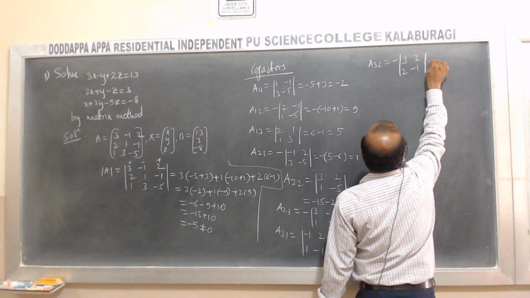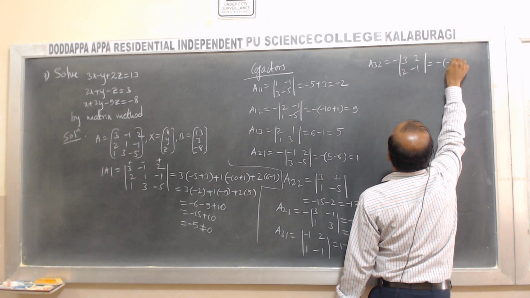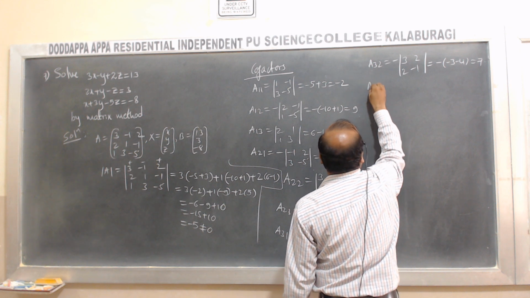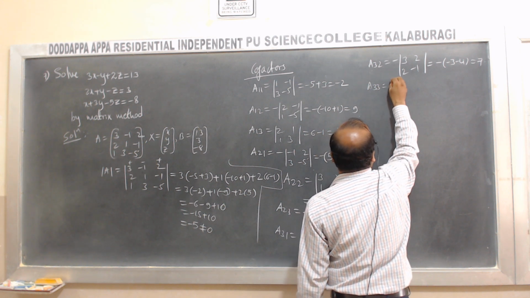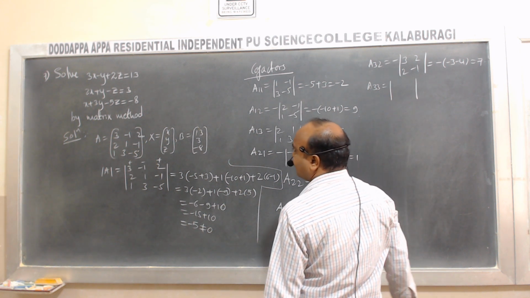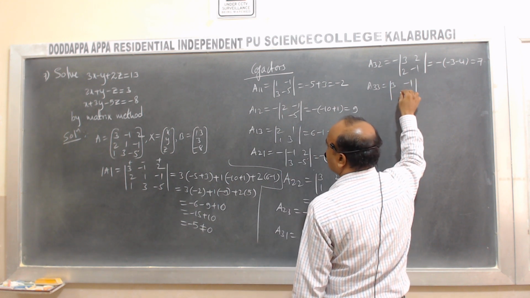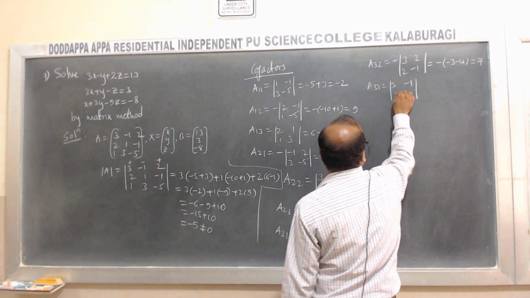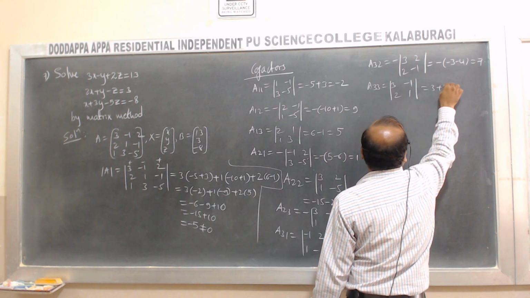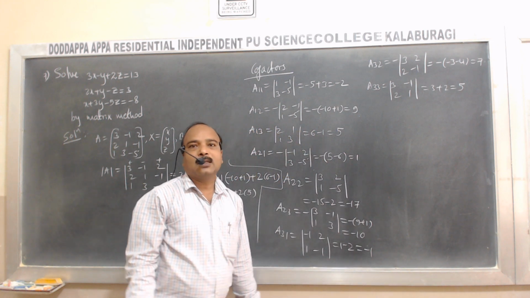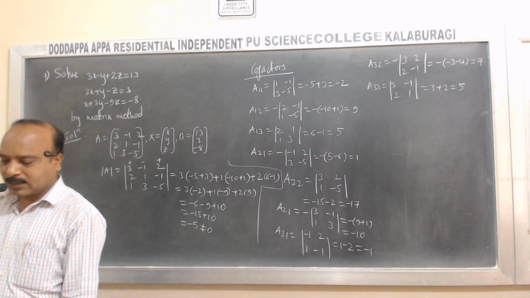So it is minus of (minus 3 minus 4), it is equal to 7. Next A33, the determinant of 3 minus 1, 2 1, so it is 3 plus 2 equal to 5. Now these are the cofactors of the given square matrix.